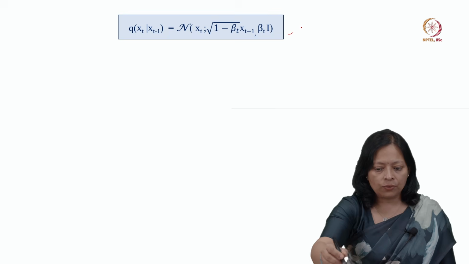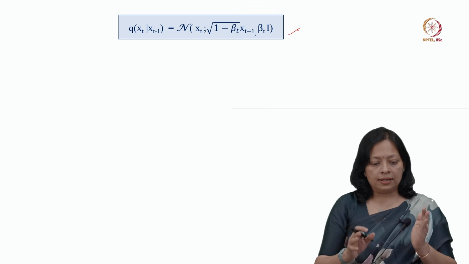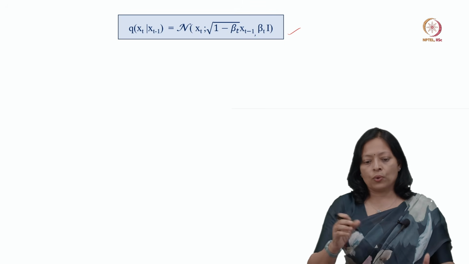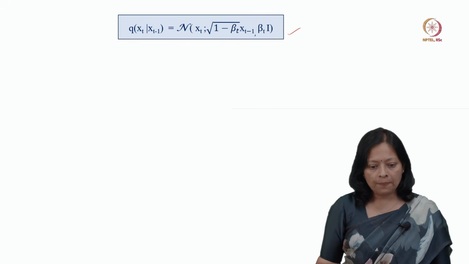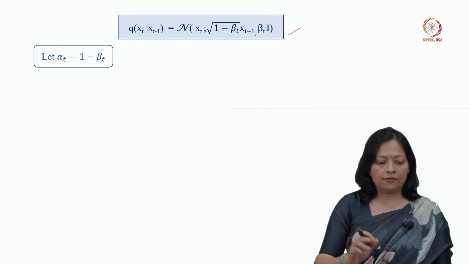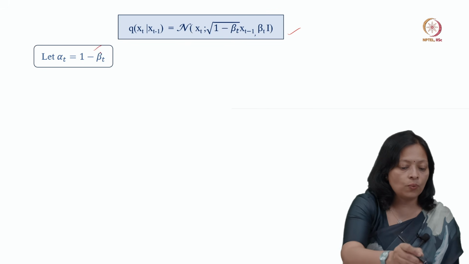Again, I have written the same equation here because this is the primary equation for the forward diffusion process. Then what I have done is let alpha t equal 1 minus beta t.